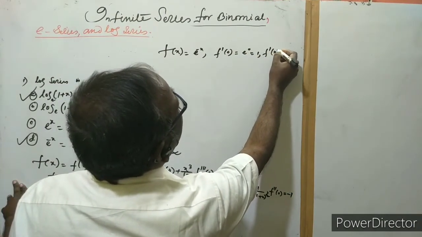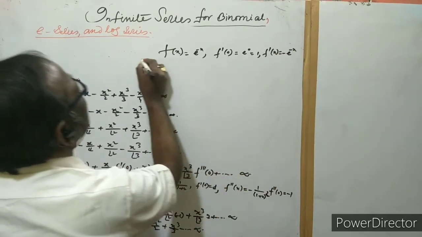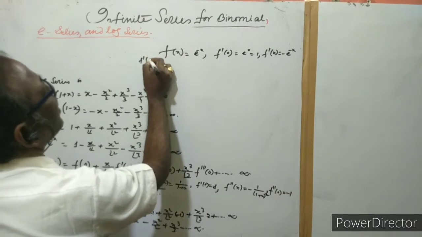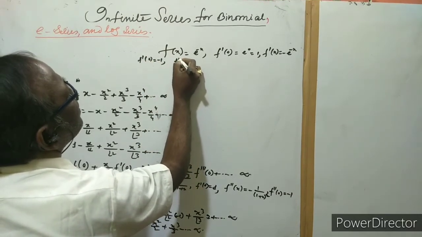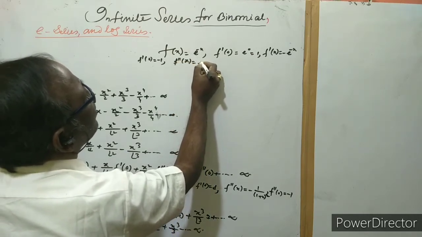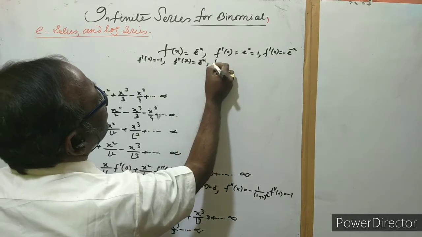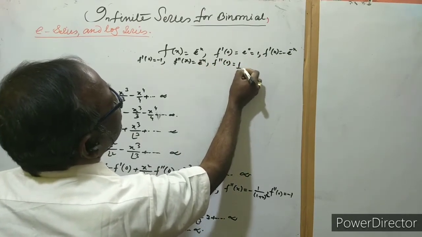F dash x is minus e to the power minus x, so f dash 0 we get minus 1. If we differentiate, f double dash x, we get e to the power minus x only. So f double dash 0 is also 1.